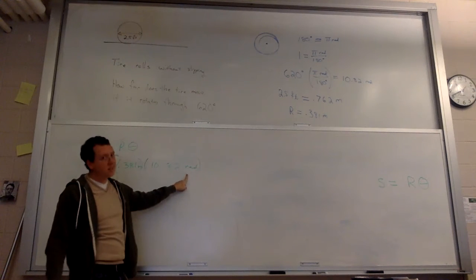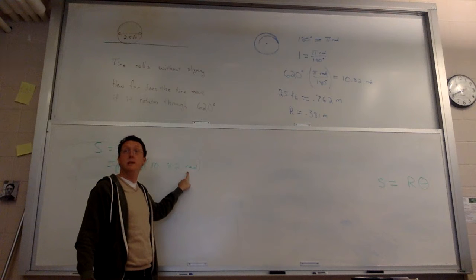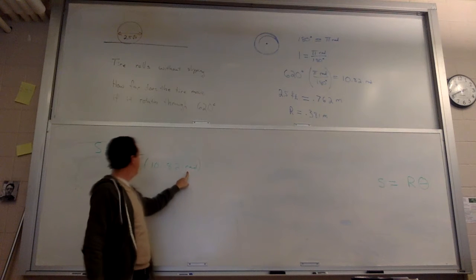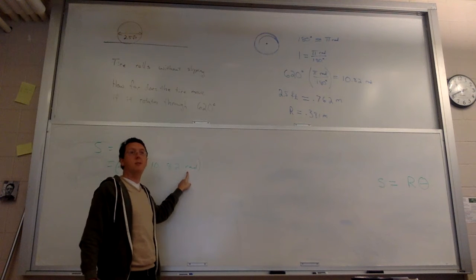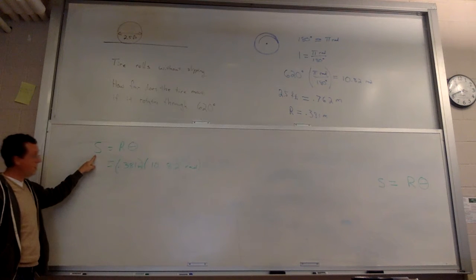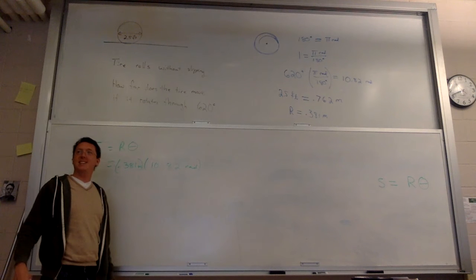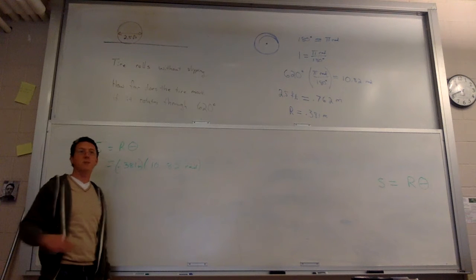Again, writing radians is just a placeholder. It's not a real unit, so when it's convenient, I will drop it. Since I want arc length to have units of meters, not meter radians, I just drop radians because it was just a placeholder anyway.